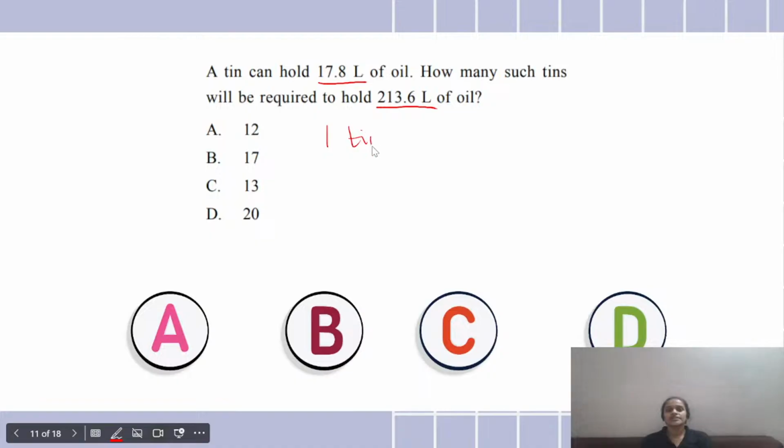So one tin, 17.8 liter. So how many tins will hold 213.6 liter?